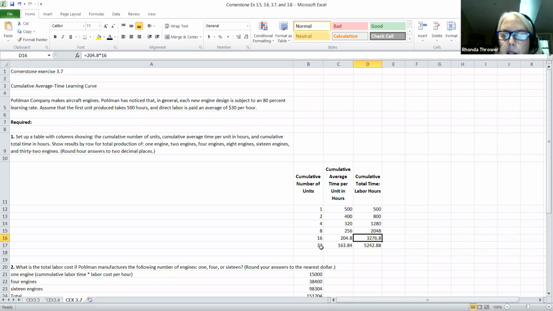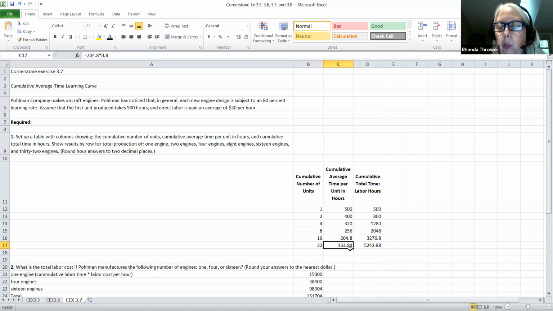And then one more thing, they said, well, what if we produce 32 units? That's doubled again. The 16 units times 2 is 32. And then we'll take 204.80 and multiply it by 80%, and that'll leave you with 163.84 cumulative average time per unit in hours.